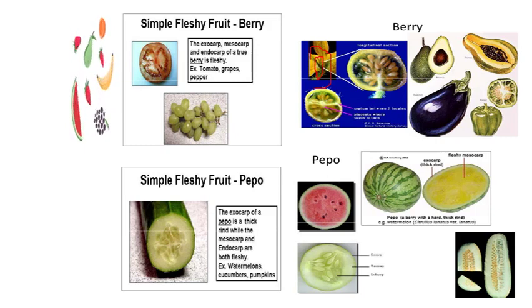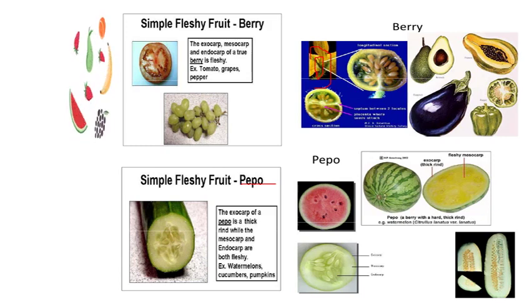So the next is pepo. Here we have a pepo. Pepo is also an example of simple fleshy fruit or succulent fruit. This fruit is developed from a tricarpellary ovary.